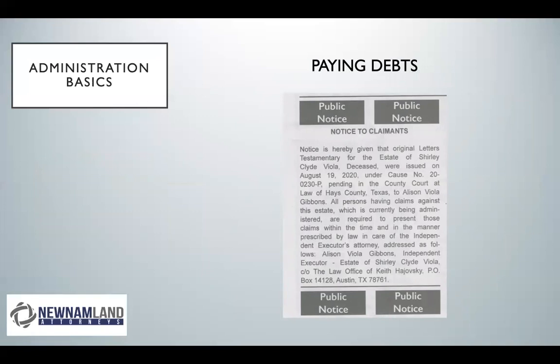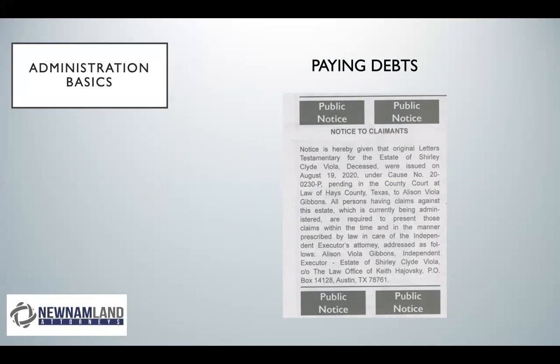So once you've identified all of the property that's part of the estate, you need to then identify the debts that are owed by the estate. Sometimes it's pretty obvious, right? So, as the executor, you're picking up mail, right? You're looking through financial records and you're seeing maybe credit card bills or notes.